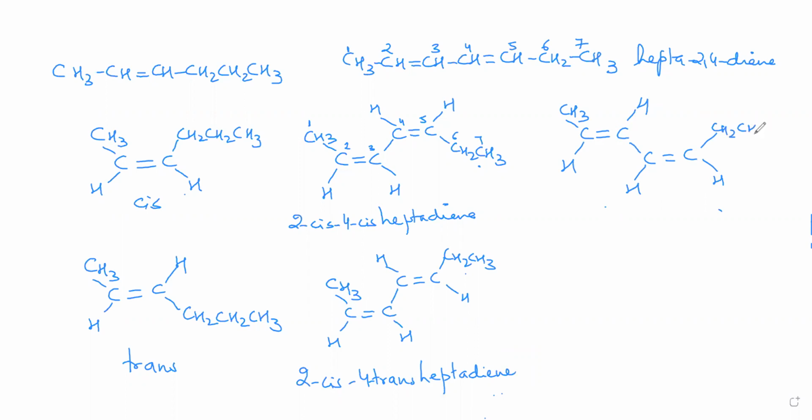Could you tell me the configuration at C2? Yes, C2 is trans. And what about C4? Yes, C4 is cis. Look here, trans here, cis here. So it is 2-trans, 4-cis, heptadiene.